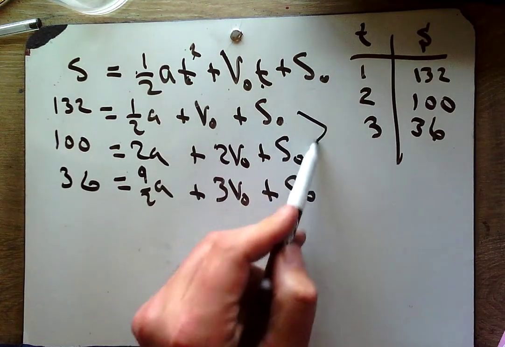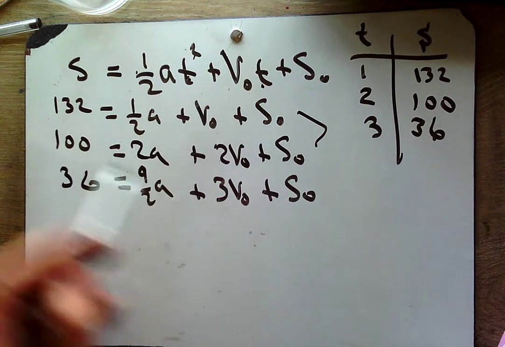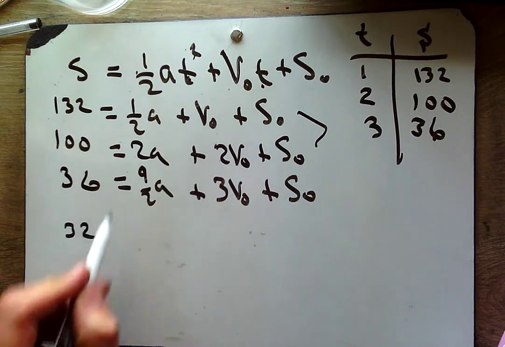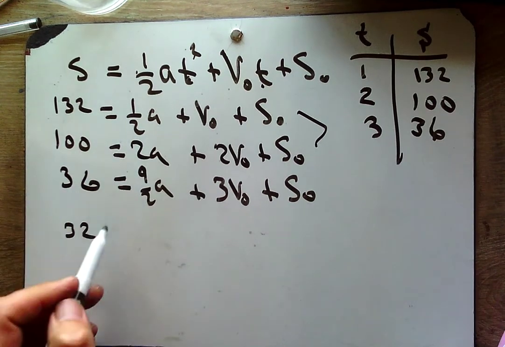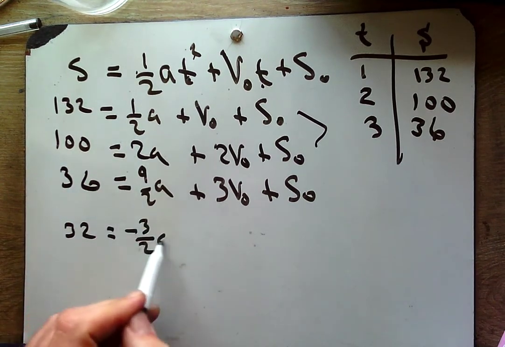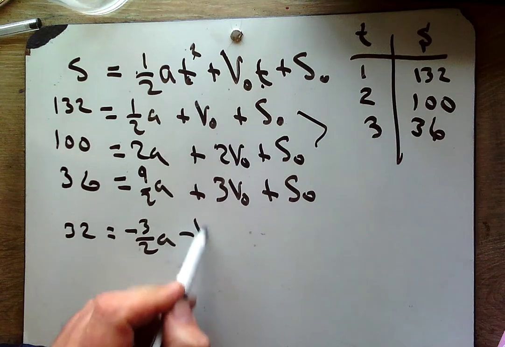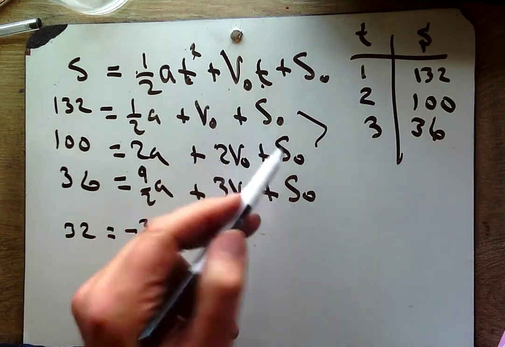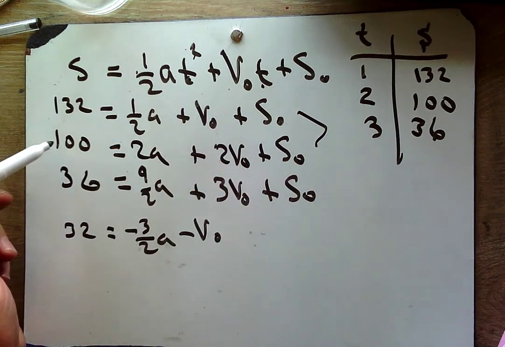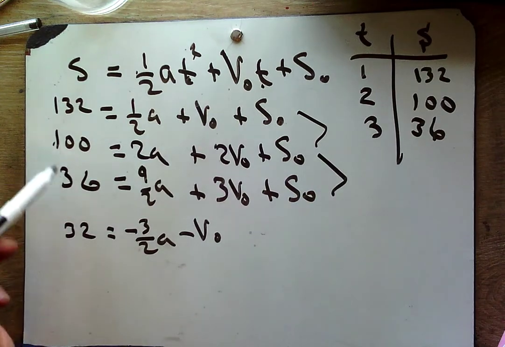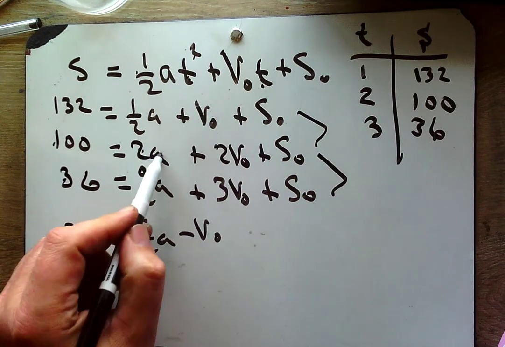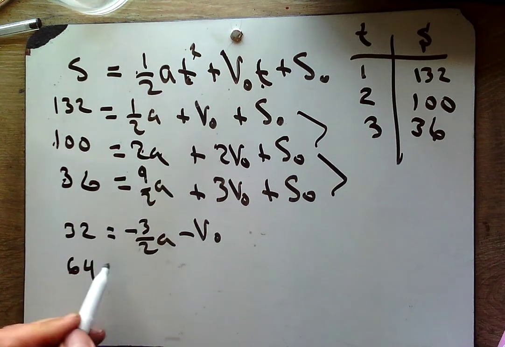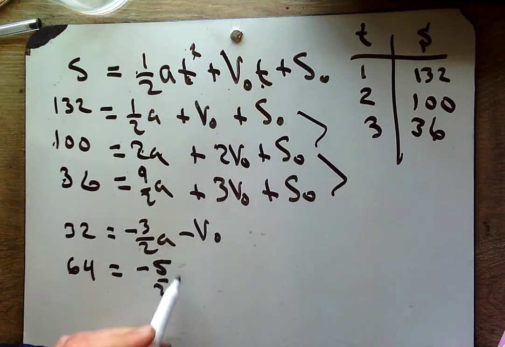Now I'm going to take these two and eliminate s sub o. This minus this minus this. Okay, so that's 1/2 minus 4/2 is negative 3/2. This minus this is minus v sub o. This minus this, they go away. Then I'm going to take these two, this minus this, 64, this minus this. Well, this is 4/2 a minus 9/2 a is negative 5/2 a.